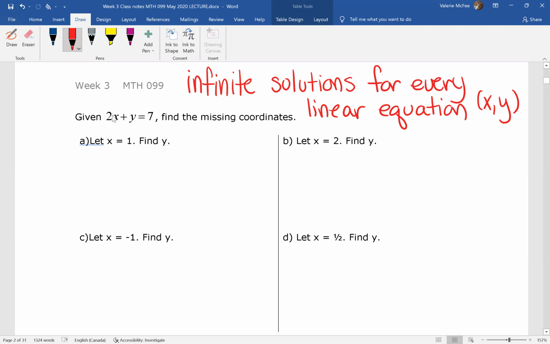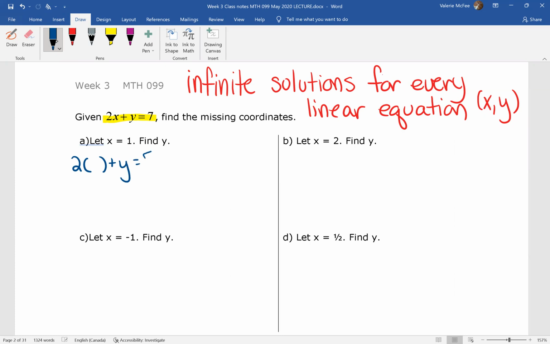So we're going to start with that equation again, 2x plus y equals 7. And we're going to use substitution to find new ordered pairs. In the first one, we're going to let x equal 1. Subtract 2 from both sides. We see that y equals 5. This is our missing coordinate.